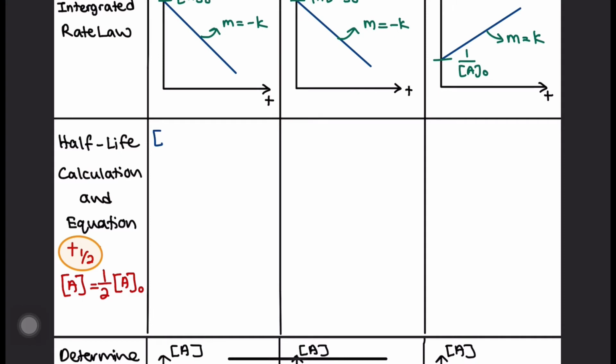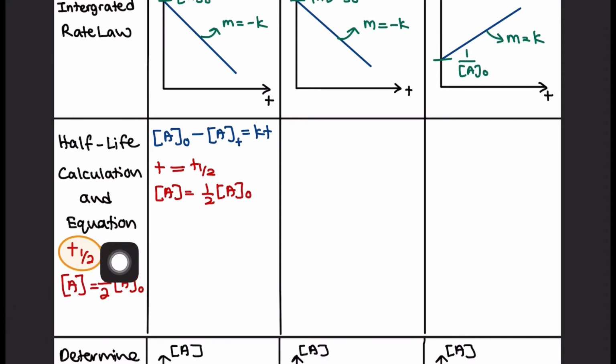Let's begin with zero order. The integrated rate law equation for zero order again would be the initial concentration of A minus the concentration of A at a given time equals kt. Now we will be defining that the time is the half-life. Therefore, the concentration of A would be half of initial concentration. Using this definition, let's substitute correspondingly into the integrated rate law equation.